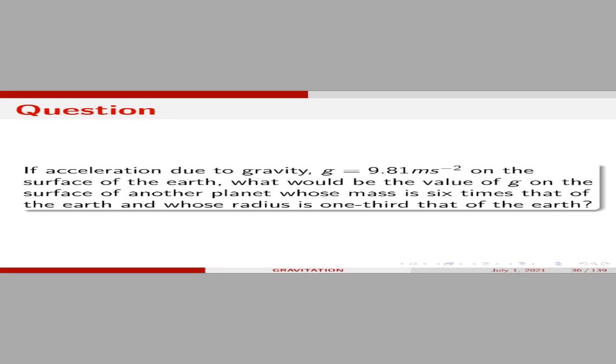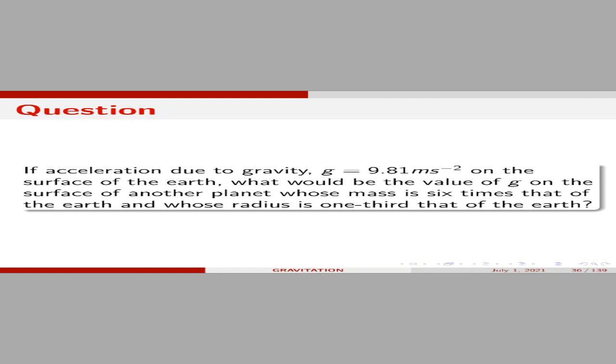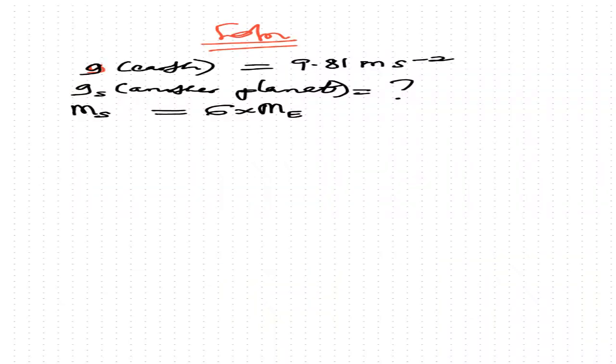When you read the question carefully, the other planet has a mass which is 6 times that of the Earth. So mass of the other planet is 6 times mass of the Earth. And its radius is 1/3 that of the Earth. So let's call it RS, 1/3, and we denote capital R for the radius of the Earth.